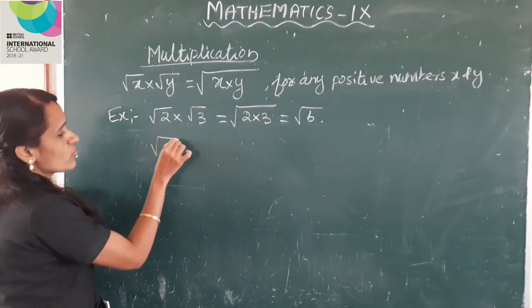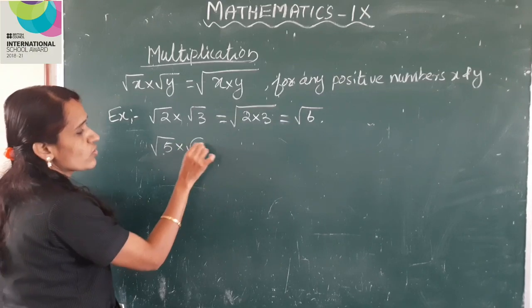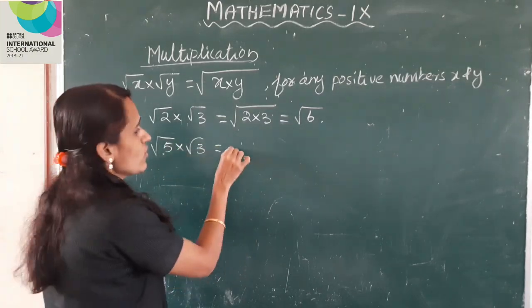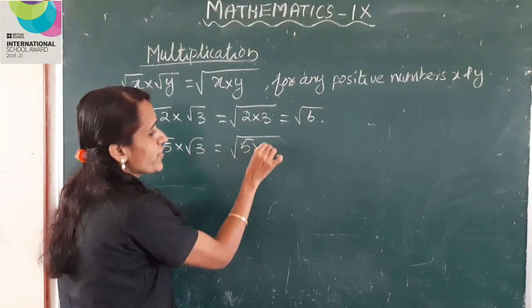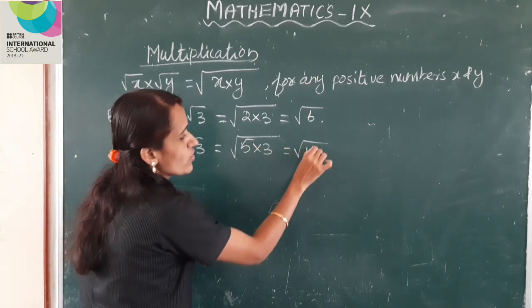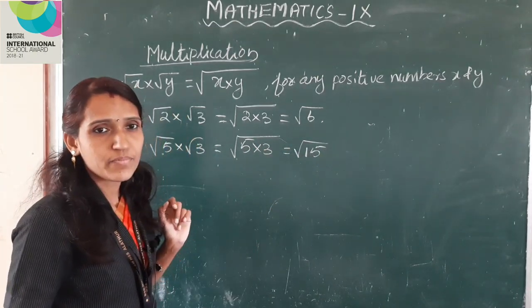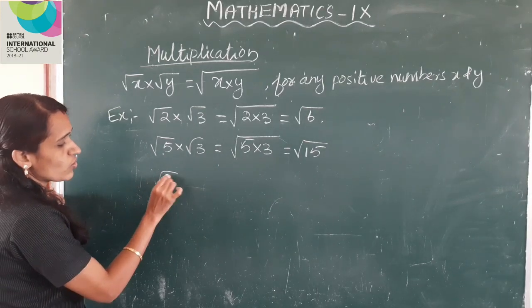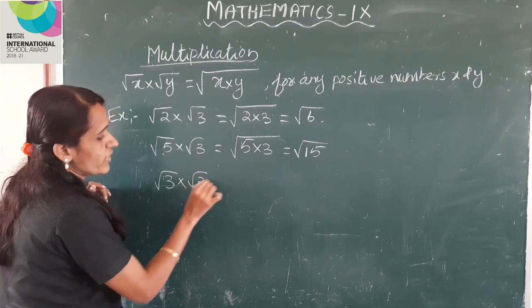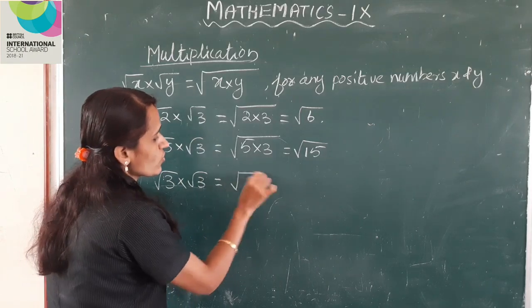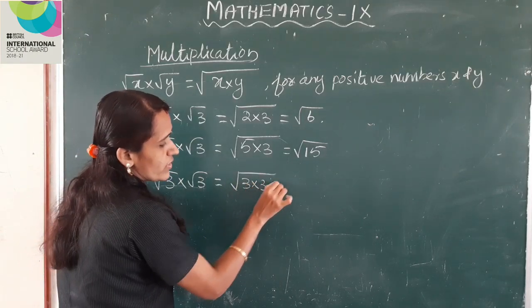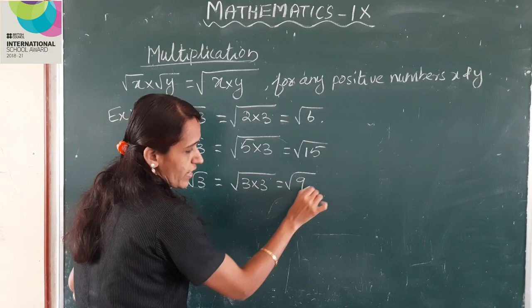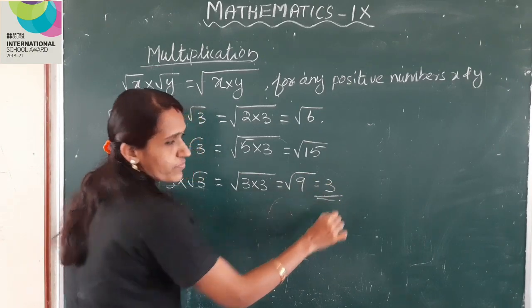Next, root 5 into root 3 is root of 5 into 3, which is root 15. Next, root 3 into root 3 is root of 3 into 3, which is root 9, equal to 3.